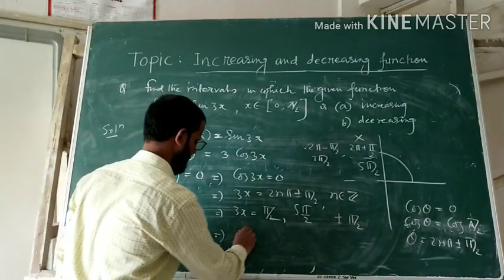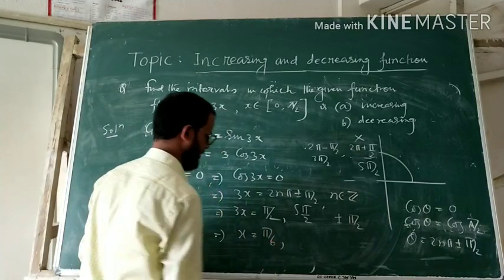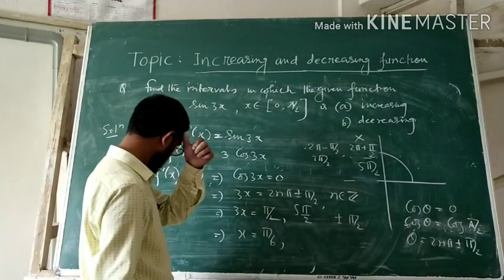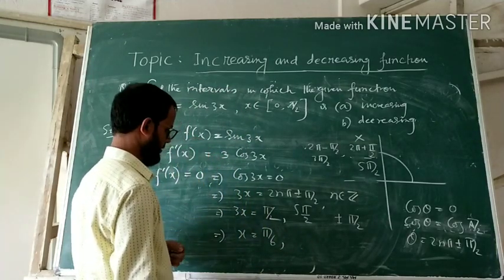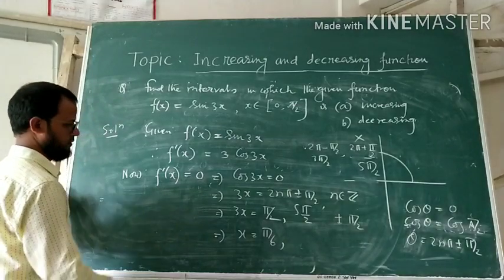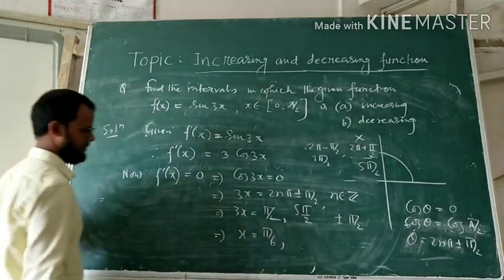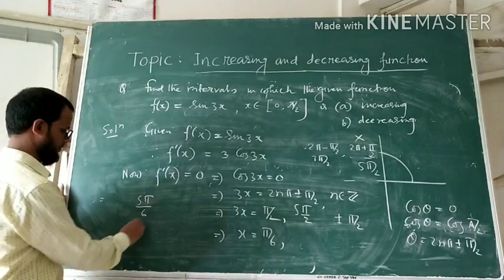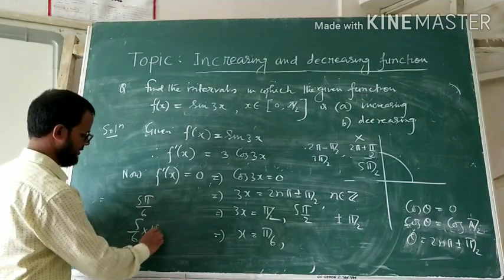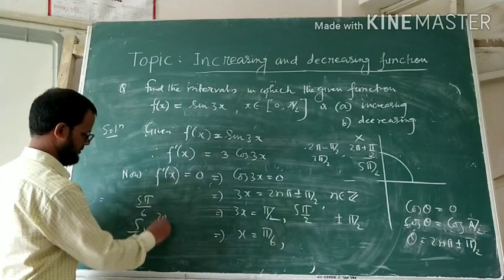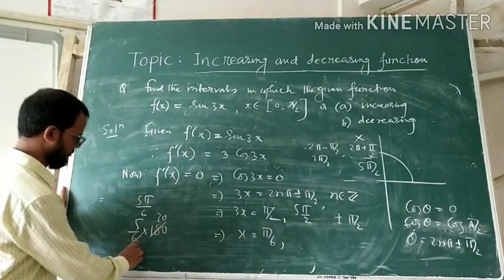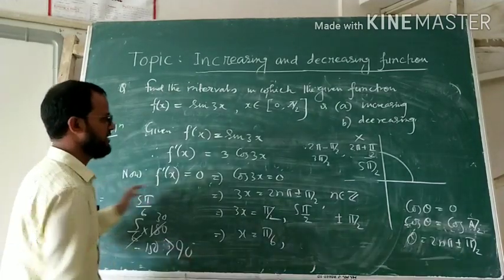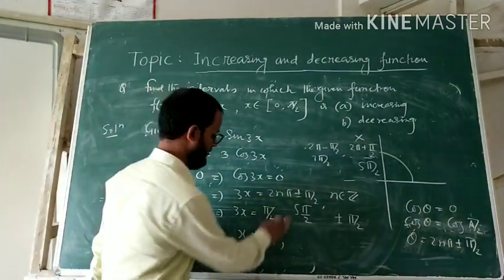So dividing by 3 equal to pi by 6, and if you divide this, it will be 5 pi by 6. Okay, 5 by 6 into 180 कितना हो रहा है, so it will be 150 degree. So which is greater than 90, pi by 2. उसके से ज़्यादा हो रहा है तो ये भी नहीं होगा.